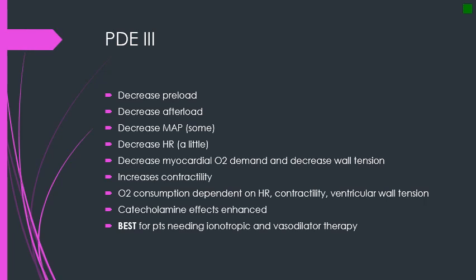Your myocardial oxygen demand will decrease based on the decrease in that wall tension, because you've decreased your preload and your afterload. Even though you increase your contractility, that is counterbalanced by that decrease in wall tension. So your myocardial oxygen demand will improve. Your oxygen consumption is always dependent on your heart rate, your contractility, and your ventricular wall tension.